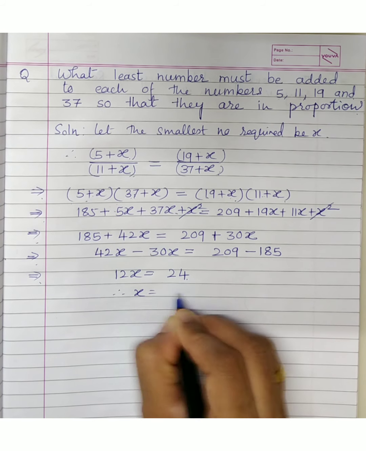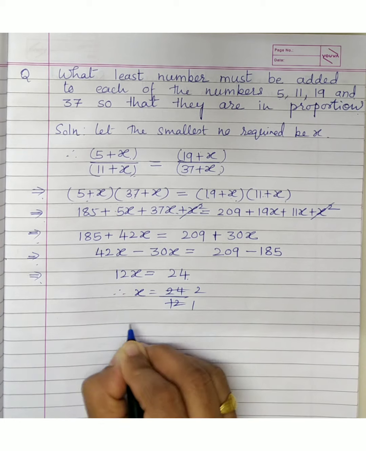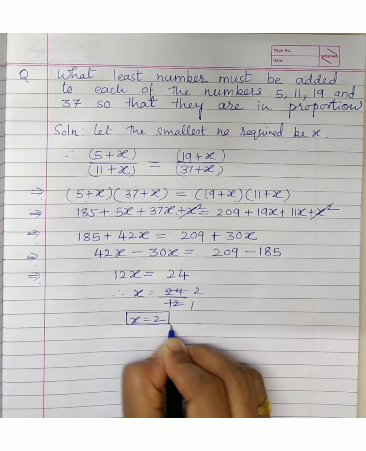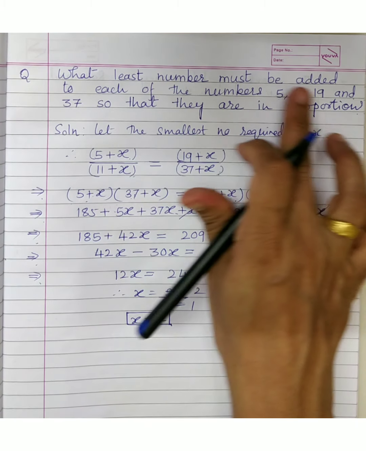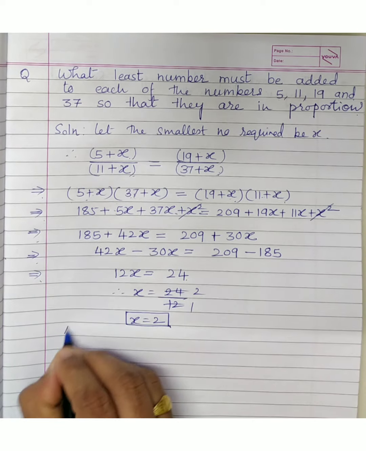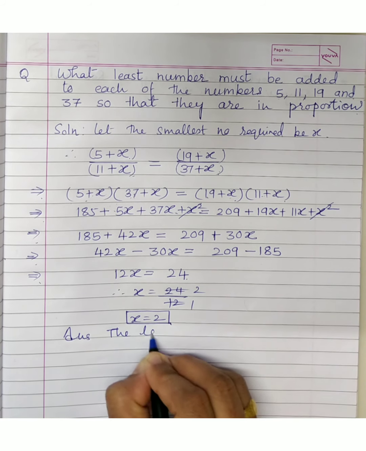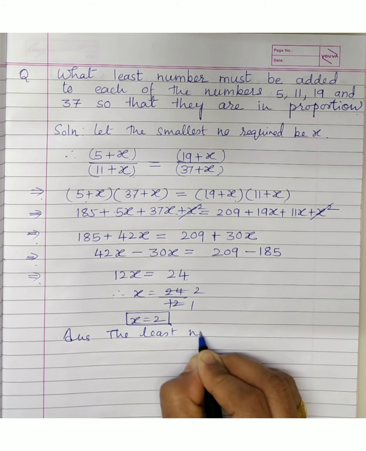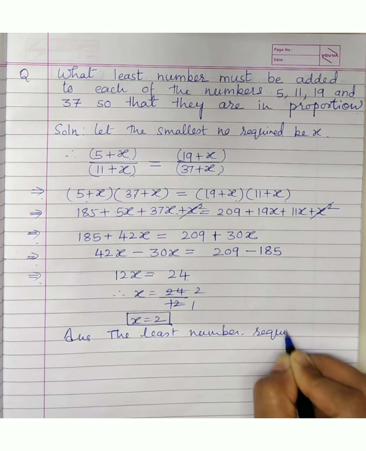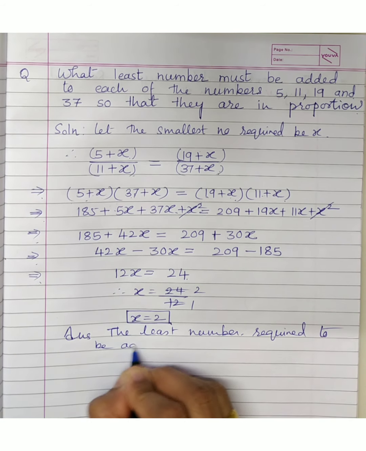So x is what? x is equal to 2. Check what the question is asking. What least number must be added to each of these numbers so that they are in proportion? So your answer statement is what? The least number required to be added is 2. Simple.